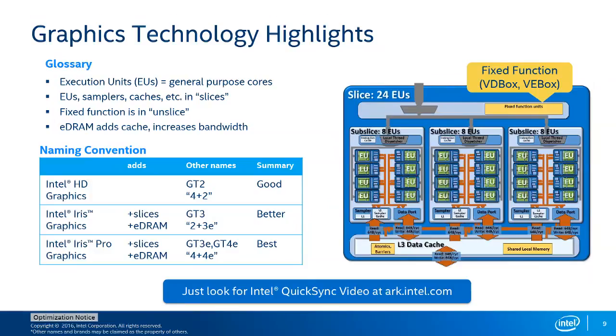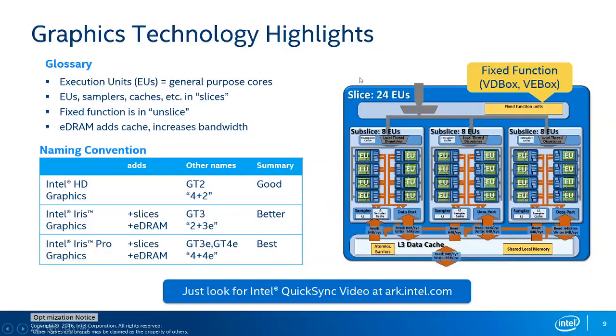There you'll see names like HD Graphics, Iris Graphics, Iris Pro Graphics, and those refer to different levels of the GPU and different capabilities. It's also this kind of good, better, best idea.